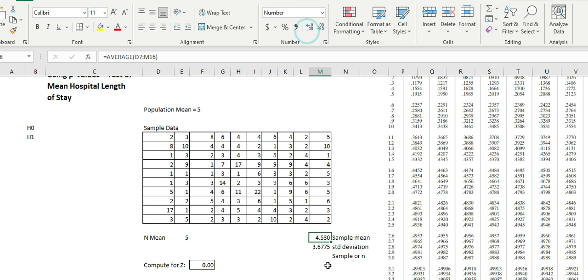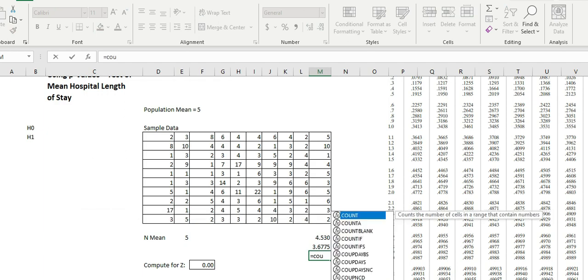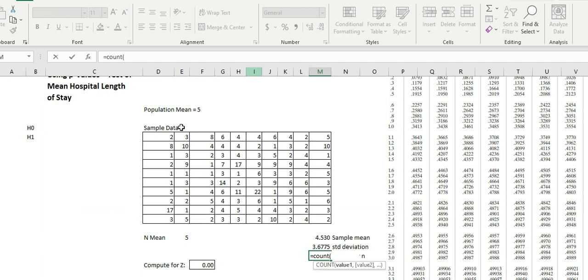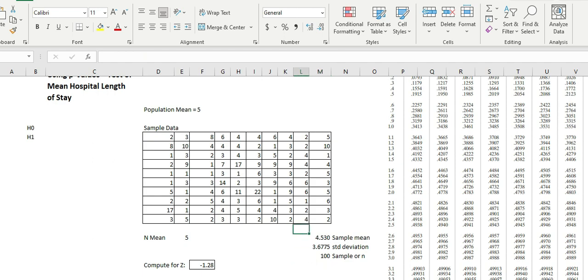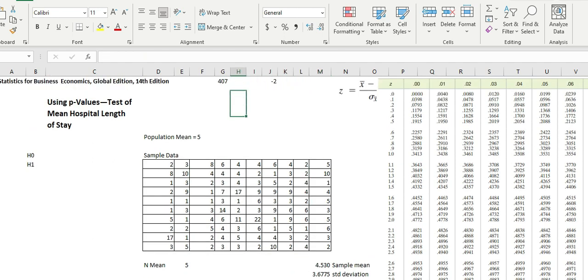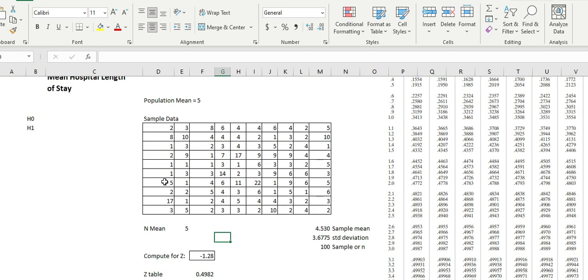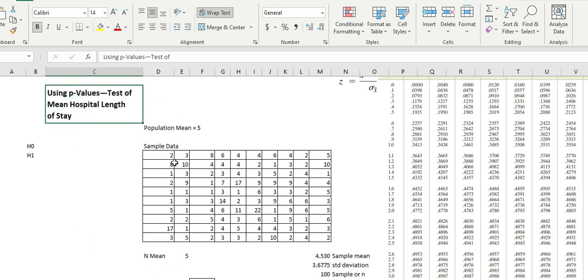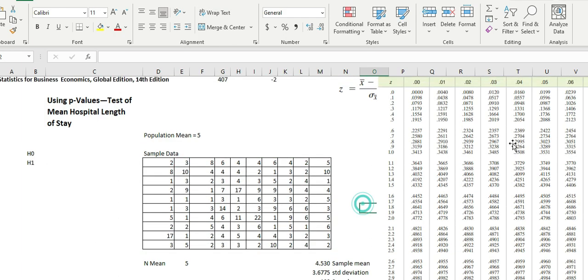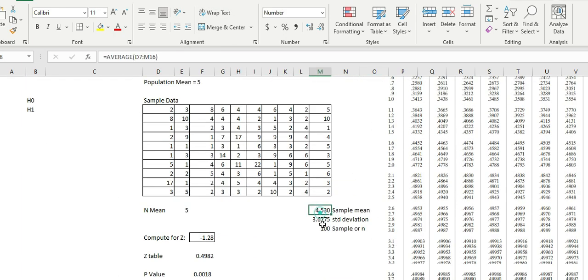To measure the number of samples, how many samples we have, we will use COUNT. I will explain later the data behind this one, how we came up with this data here and the computations here. But for now, we'll go straight ahead with computing the z value.